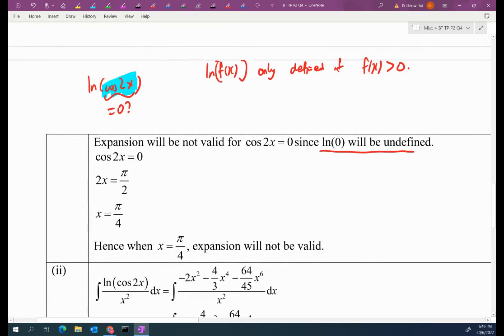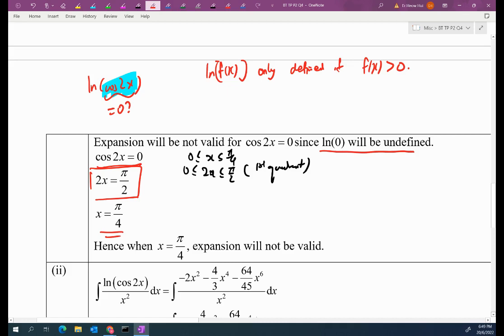So for that to happen, cos 2x is equal to 0. In this case, x is between 0 and π/4, so 2x is between 0 and π/2, which is in the first quadrant. So the only time it will happen is when 2x is equal to π/2, and therefore x is equal to π/4.